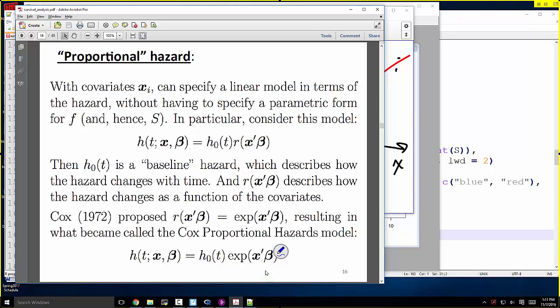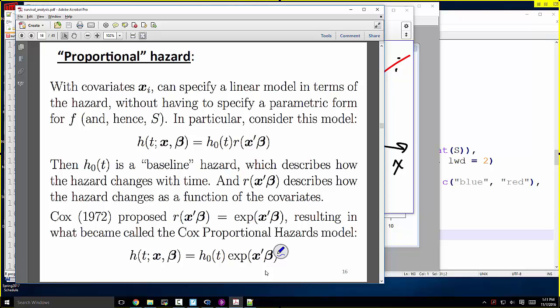So, we are making a simplifying assumption. We're saying hazard, which could depend on time and covariates, can be factored into two pieces. One that depends only on time, the other depends only on the covariates. What's handy about doing that is that now the covariates and the regression coefficients are not time dependent.